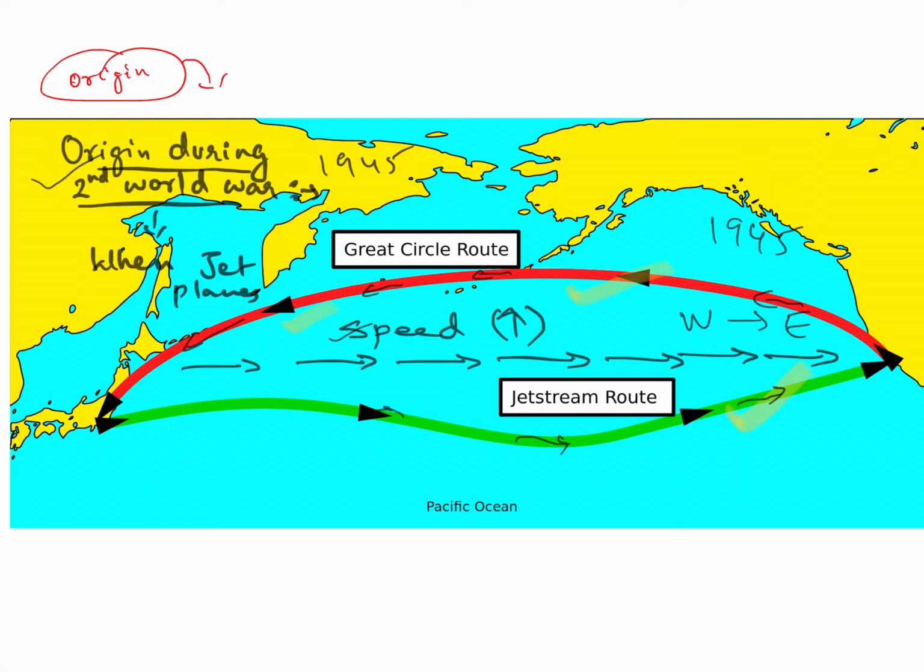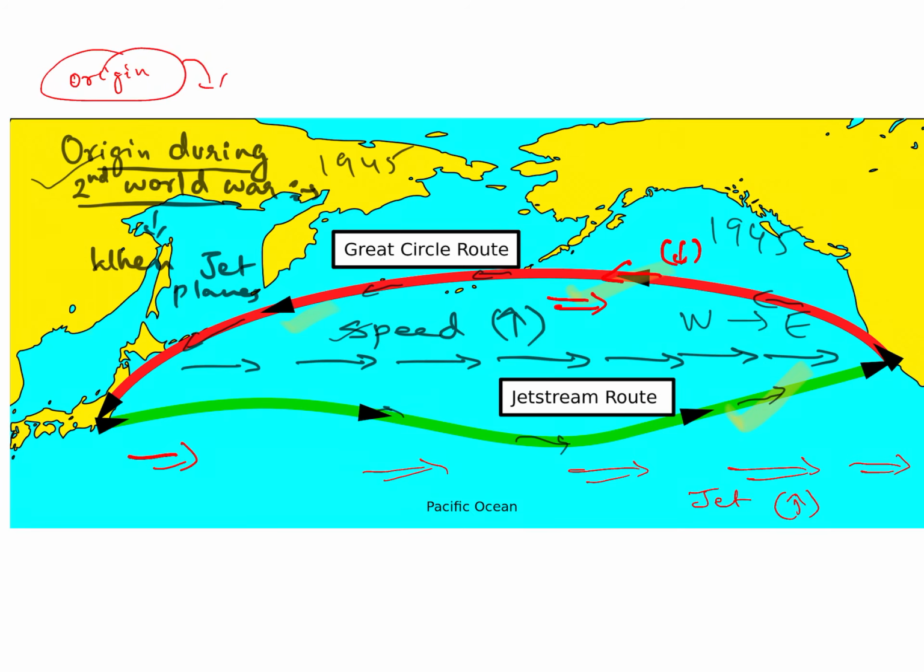What they observed was that when the planes were moving from the American side to the Japan side, the speed decreased. So there is something in the air moving from west to east that is restricting the flow of the aircraft. And when the planes were moving from the Japan side towards the American side, crossing the Pacific, the jet plane speed appeared to increase.